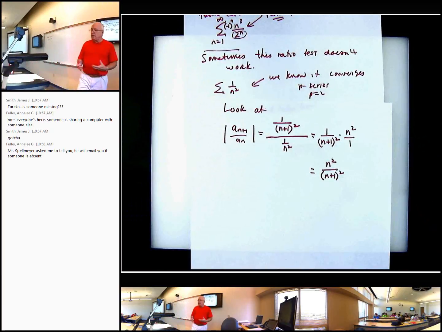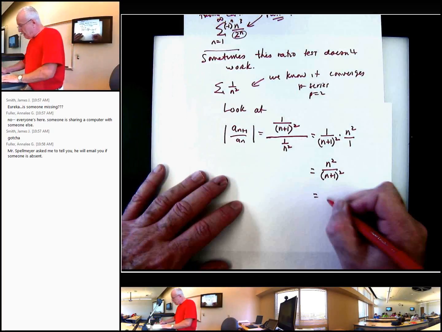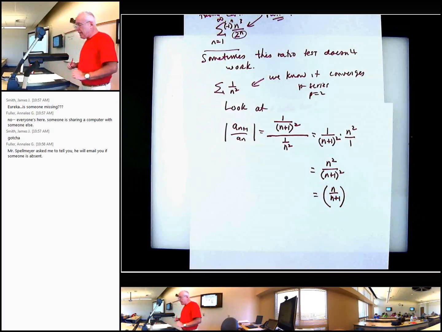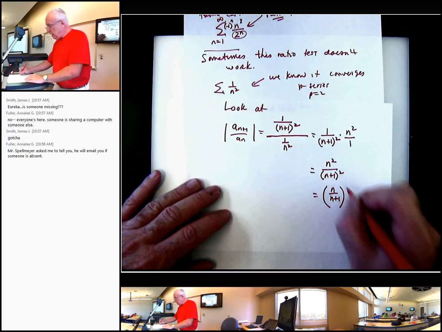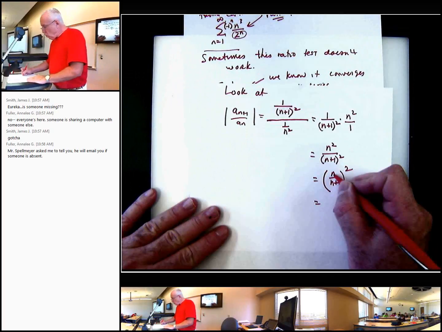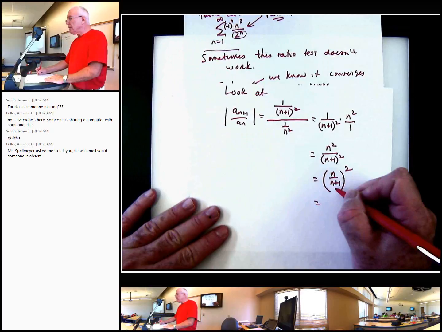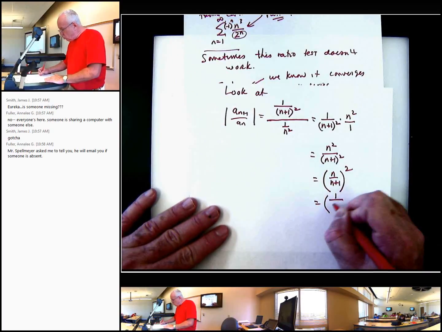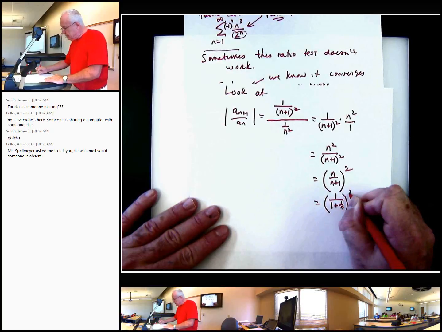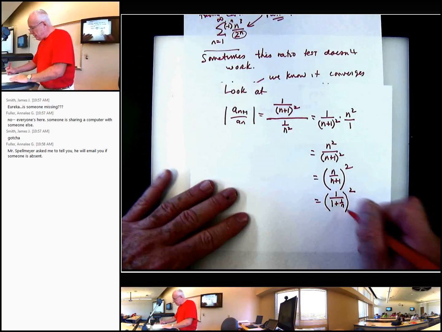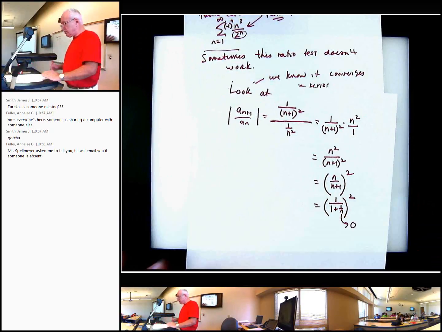So this can be written as n squared on the top and n plus 1 squared on the bottom. They both have the same exponent, so I can put it all inside parentheses, n over n plus 1, and put the square on the outside. Now, when I divide everything on the inside by n, I'm going to get 1 over 1 plus 1 over n in parentheses squared. We know that this 1 over n is going to go to 0.